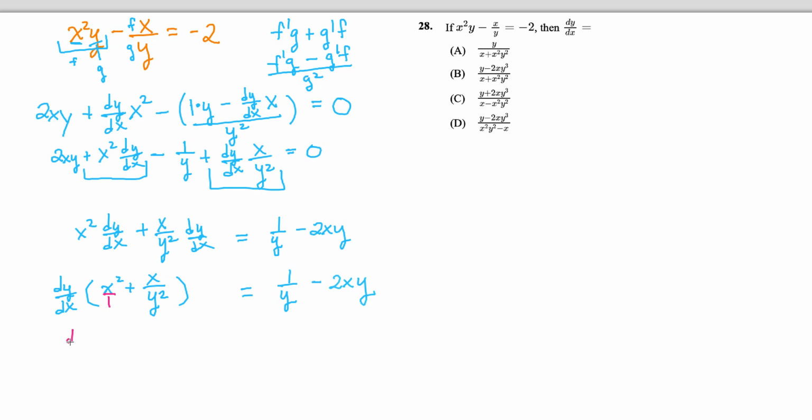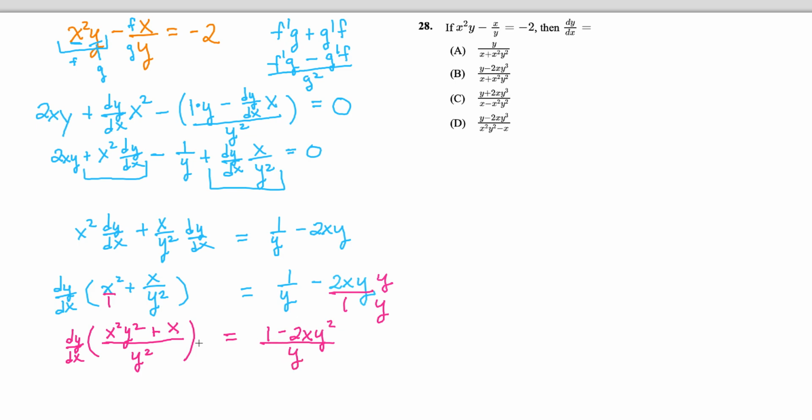So I would multiply that term by y squared on the top and bottom and get x squared times y squared plus x over y squared, the whole thing, equals, and I want to do the same thing over here. I need to get the common denominator as y, so it's 1 minus 2xy squared over y.